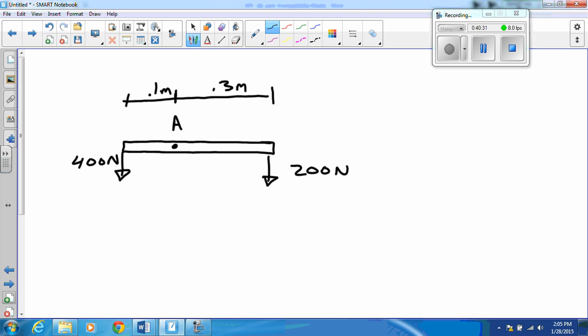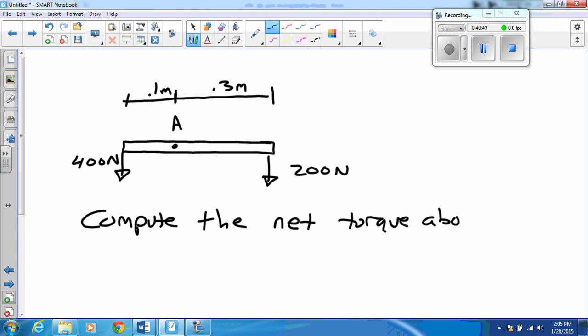Now what we'd like to do is to compute the net torque about point A. Notice once again we're being specific about the point of application, the point of rotation, so that we need to be careful in terms of paying attention to distances.